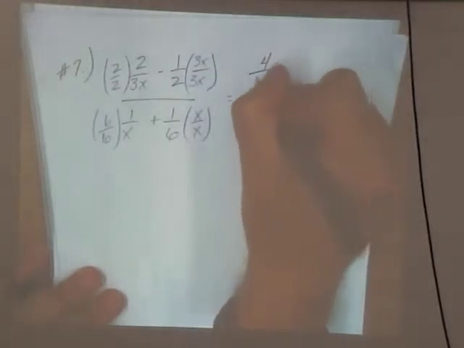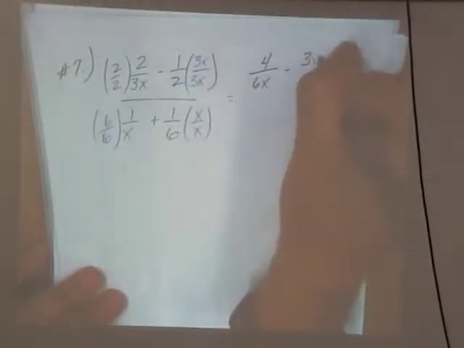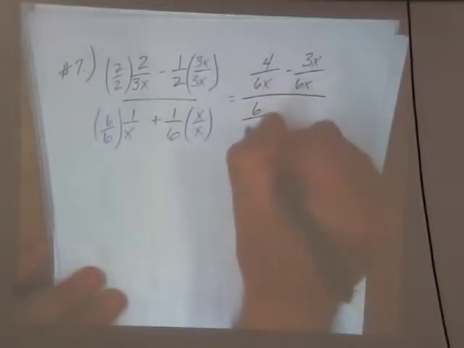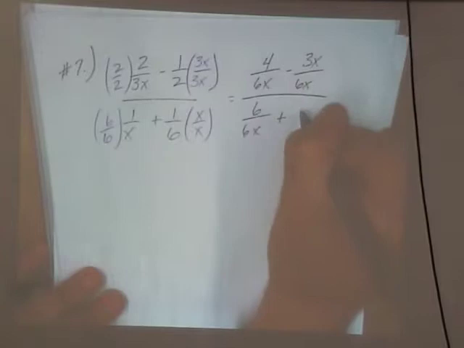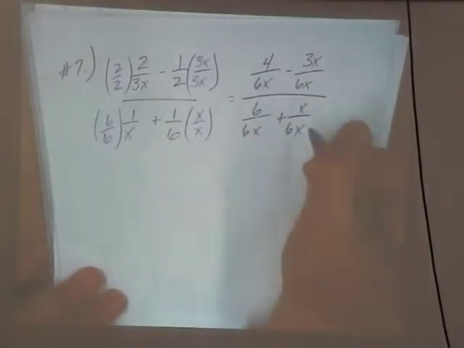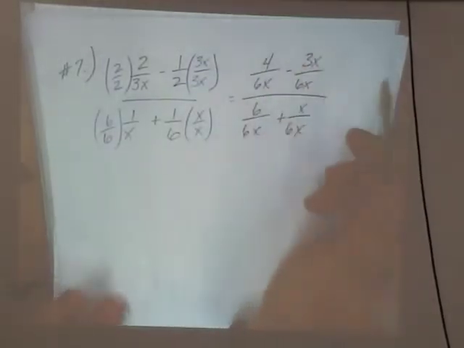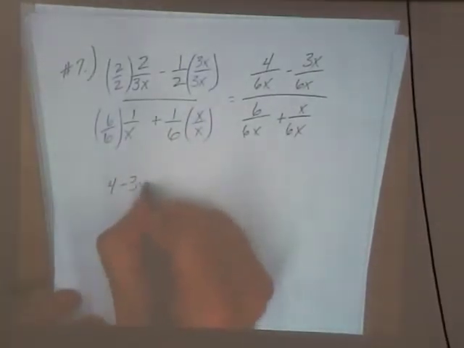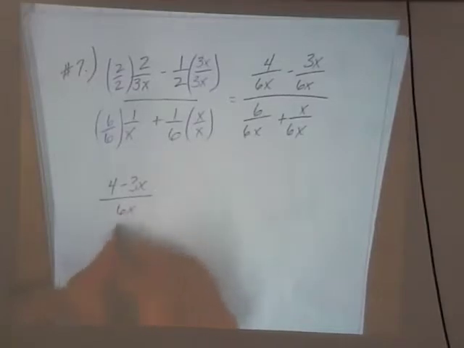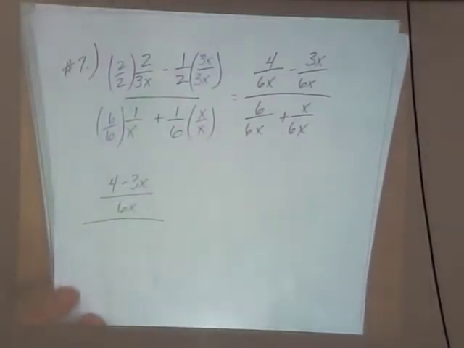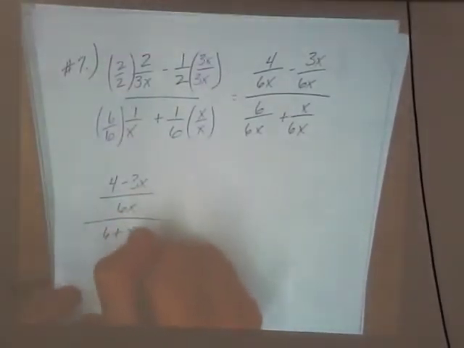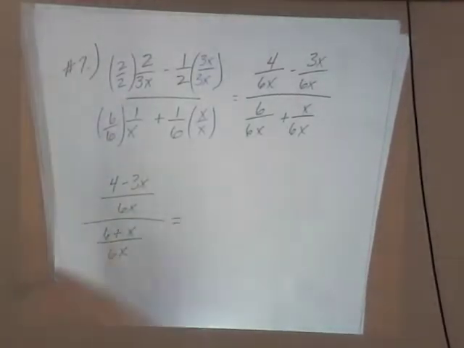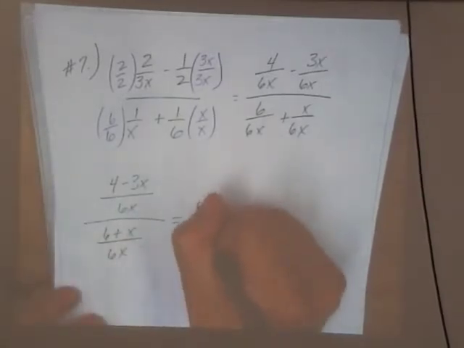I've got 4 over 6x minus 3x over 6x, all over 6 over 6x plus x over 6x. And combine my numerators into one fraction now. It'll be 4 minus 3x all over 6x divided by 6 plus x over 6x. So now we're going to flip the bottom one and multiply.